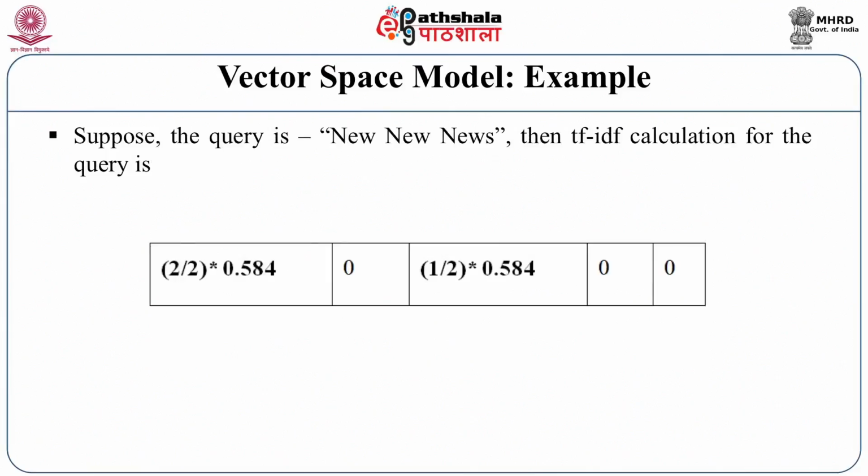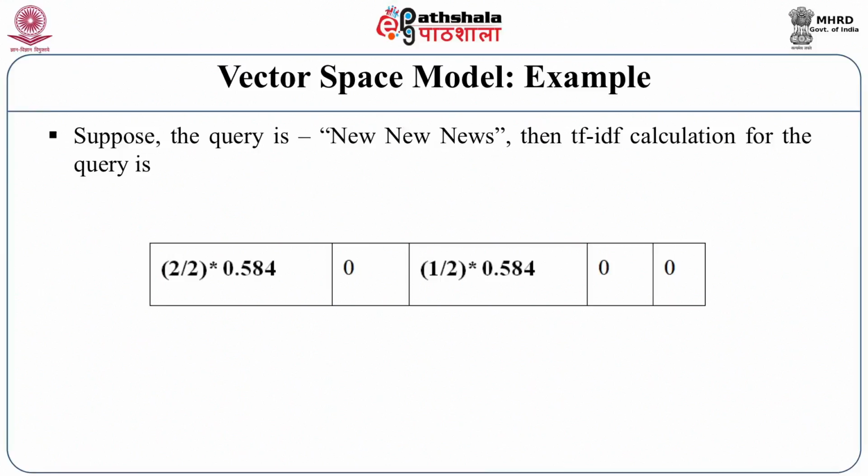Okay, so now I am calculating the TF-IDF value for the query. If I look at the matrix, the term "new" has occurred twice in document 1 and document 2, so the corresponding value of "new" for the query will be 0.084.